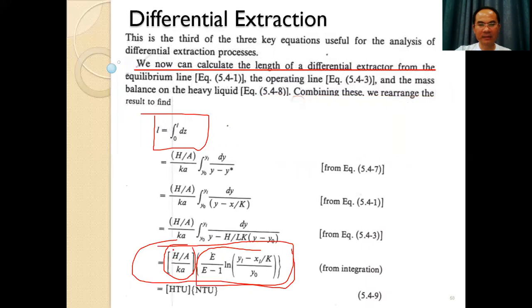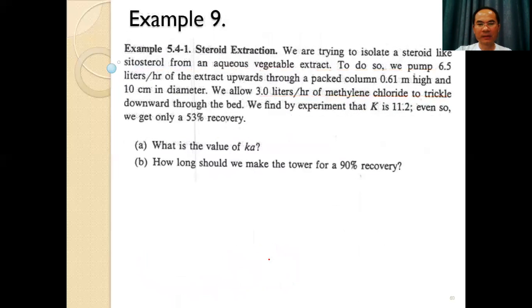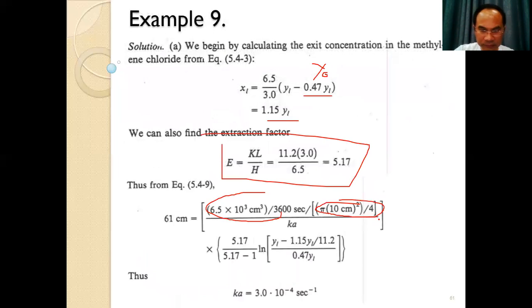This equation has A, Ka. This is the unknown we would like to calculate. You know E, you know Y0. You know XL is a function of YL and K. Substitute this.